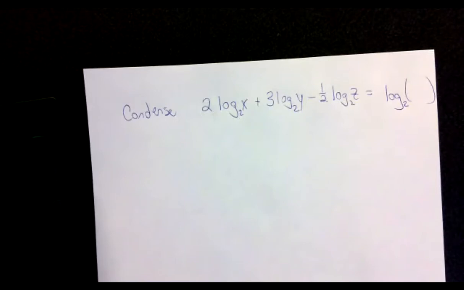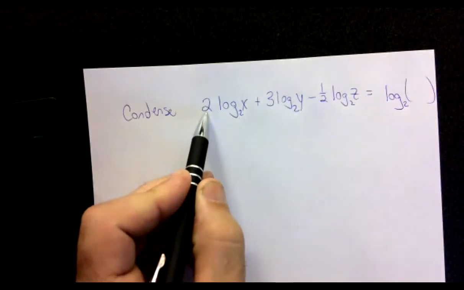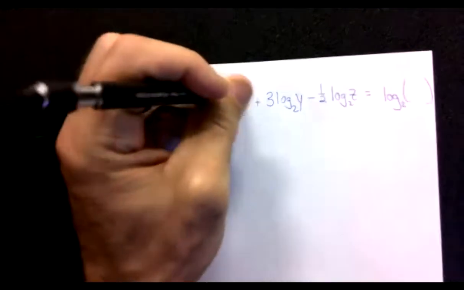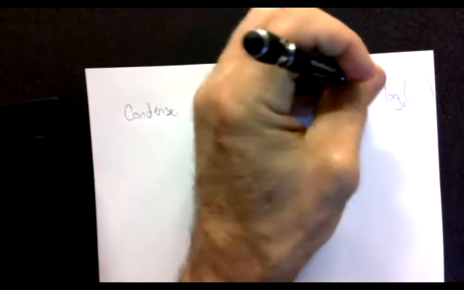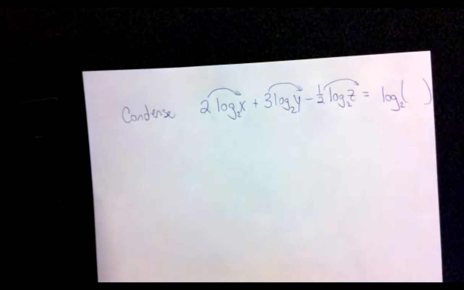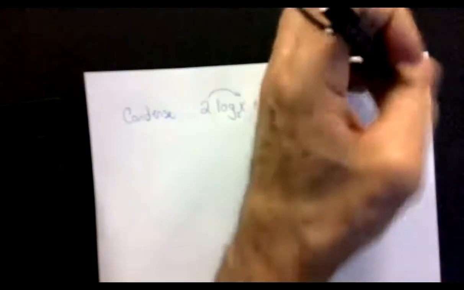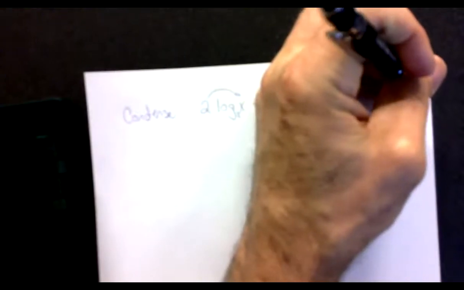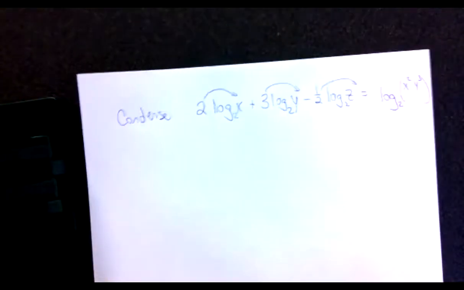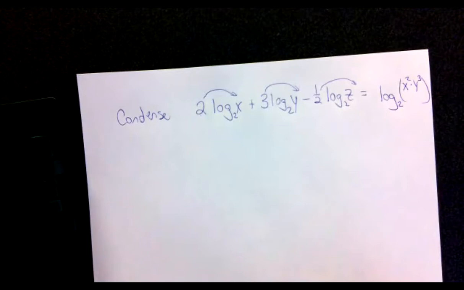Anyway, we work those same properties just in reverse. So numbers in front become powers. Addition becomes multiplication. So this is going to be x to the second times y to the third.